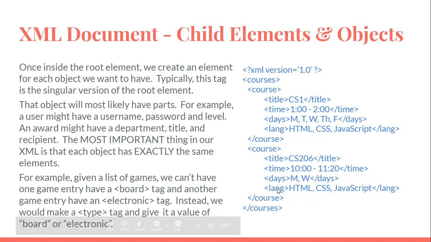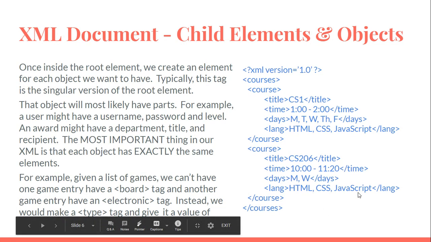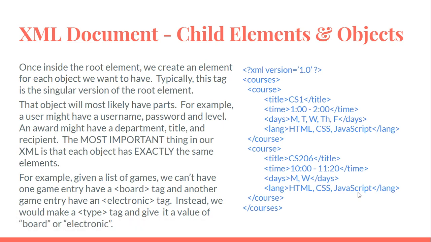So I might be better off, instead of lang, writing description. Or on those other versions, I could just leave the lang tag empty, but I have to have it if it's going to go into this listing.